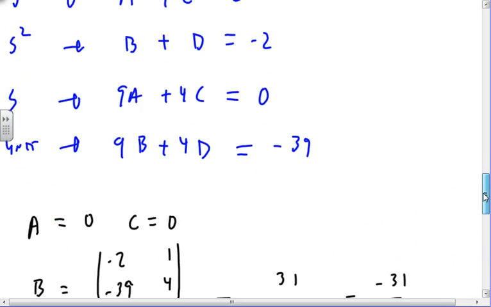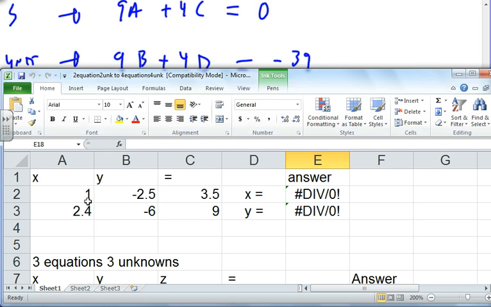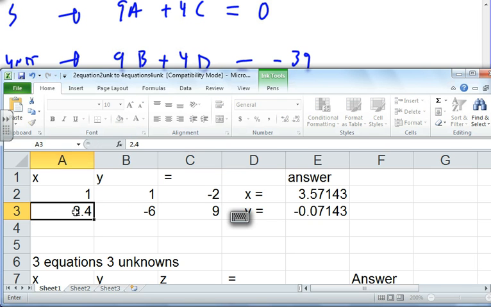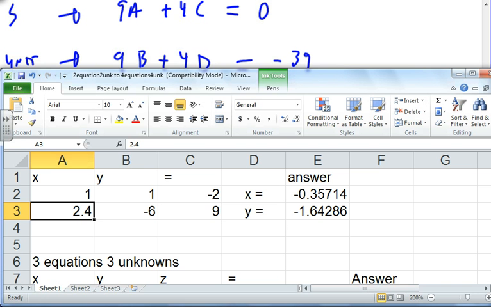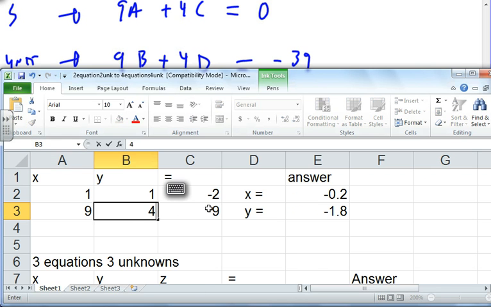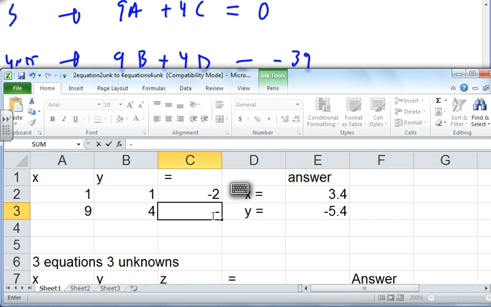Okay, 1, 1, minus 2. And the other one's 9, 4, minus 39.